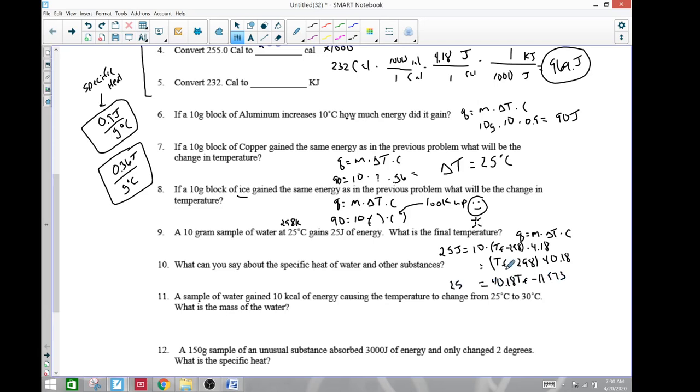So now I just add over this side here plus 11,973, divide out the 40, and finally do that. So plus 25 gives me 11,998, and divide that by 40.18, and we get 298.